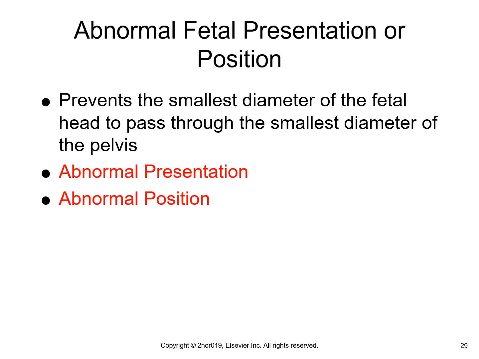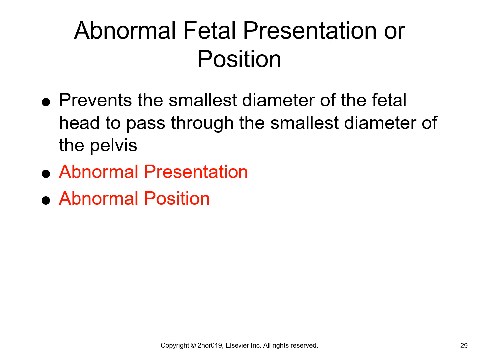If you can recall, the most ideal presentation that we want is the vertex presentation, because the smallest diameter of the fetal head is the one coming out first. So if that is not the case, then there might be a problem, right? There might be an abnormal fetal presentation or position.